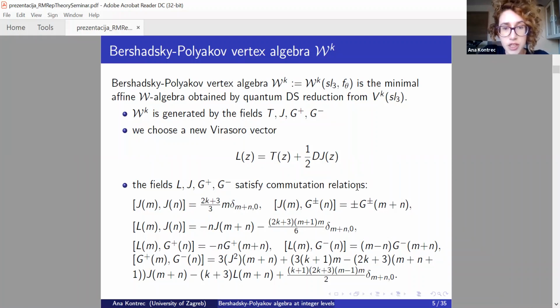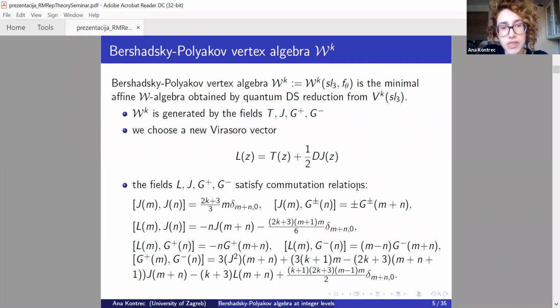So this algebra, in its original form, is Z-half graded. This is something which holds in general for non-principal affine W algebras.